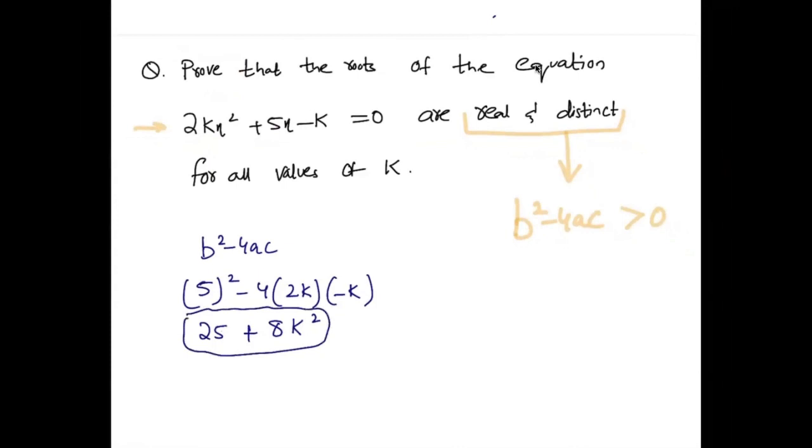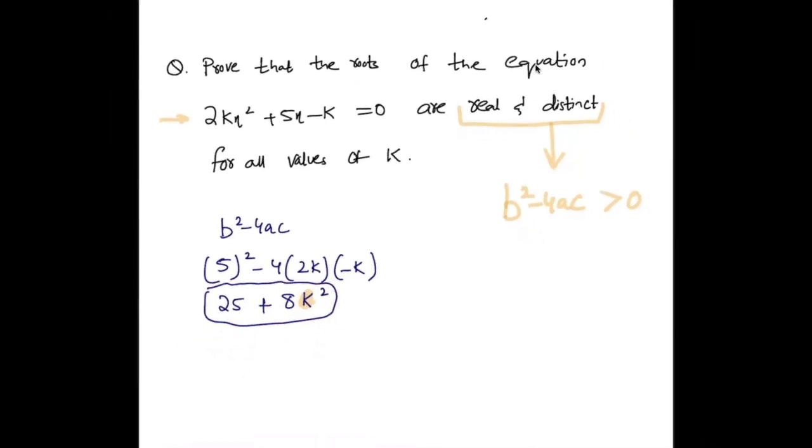Now, think of it like this. Whatever value of k you plug in, either negative or positive, after being squared up, will this answer always be positive? Yes or no? Yes. When you multiply by this 8, then this value added with 25, this means that this answer 25 plus 8k square is always going to be positive.